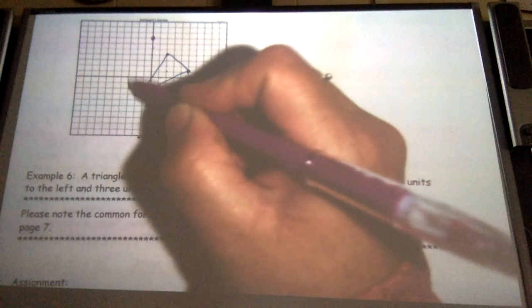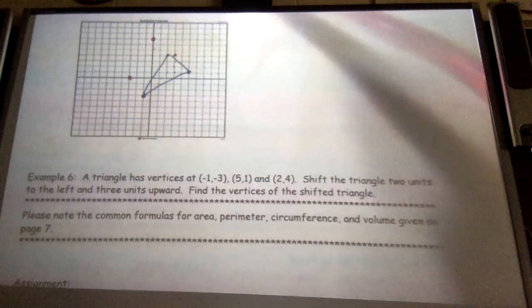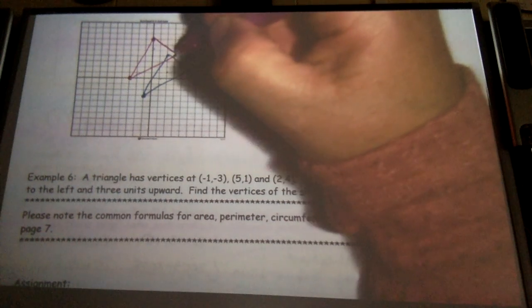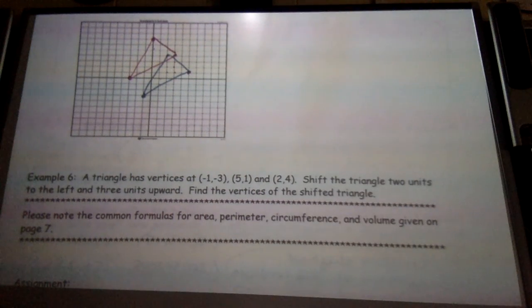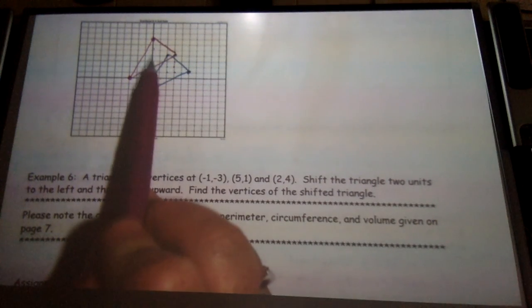So what's our new vertices? Well, this is 0, 1, 2, 3, 4, 5, 6, 7.